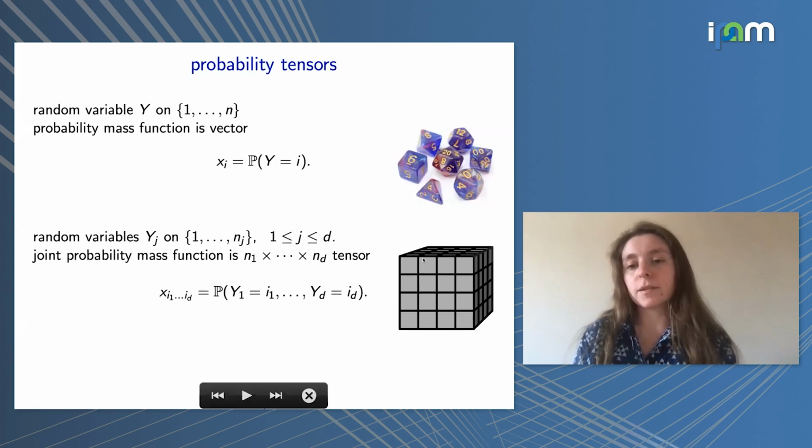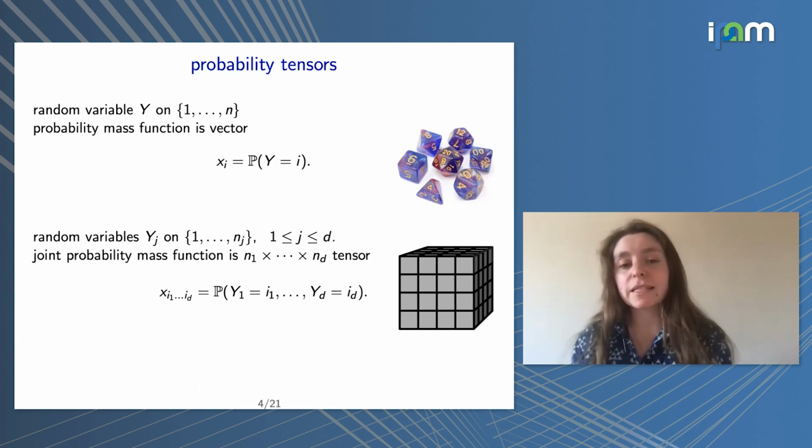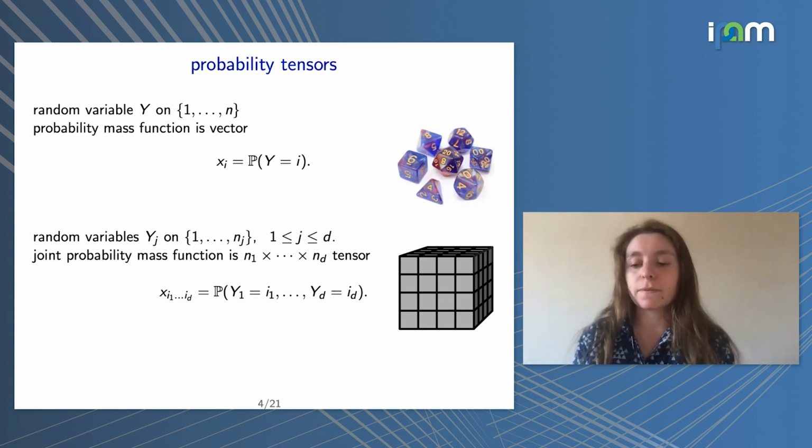Okay, so here's a picture of the tensor here, and each mini cube of the tensor is a particular probability. So in particular, we're dealing with a tensor of non-negative entries that sum up to 1.